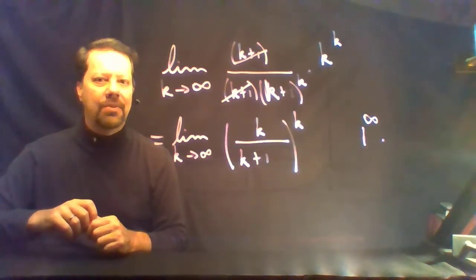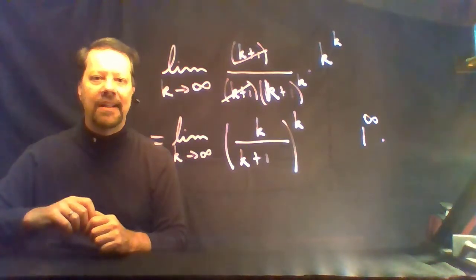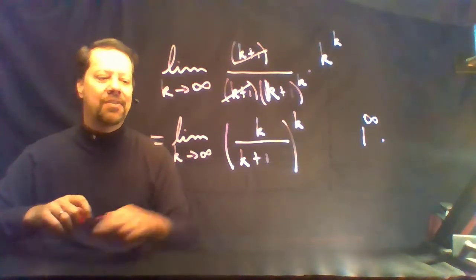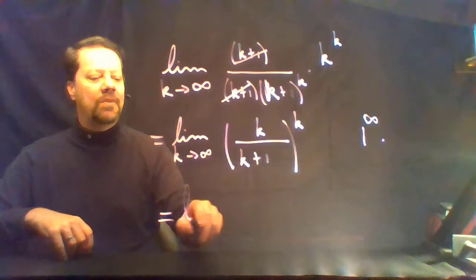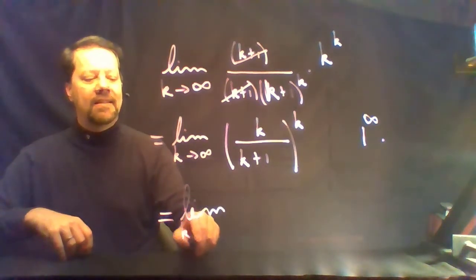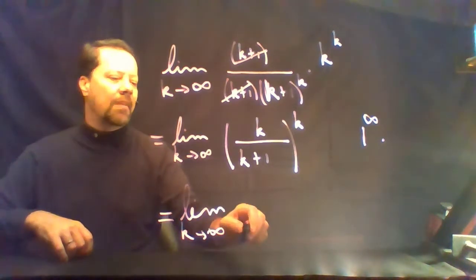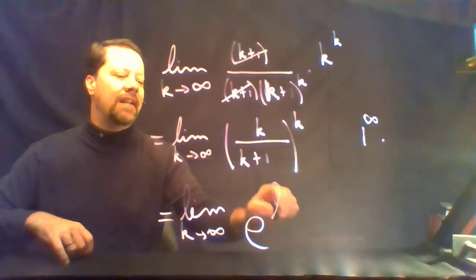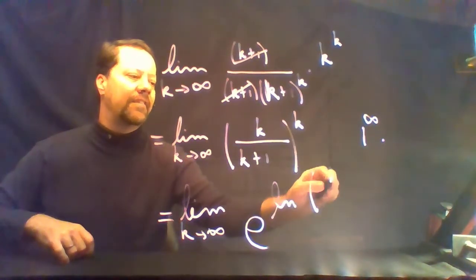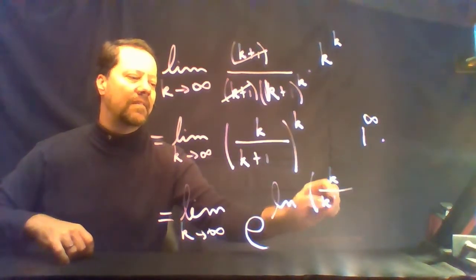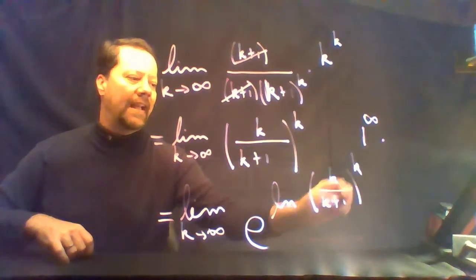It's not a L'Hopital's rule case, but it may be converted into one. Through the standard trick, we'll have the limit as k goes to infinity of e to the natural log of k over k plus 1 to the power k.